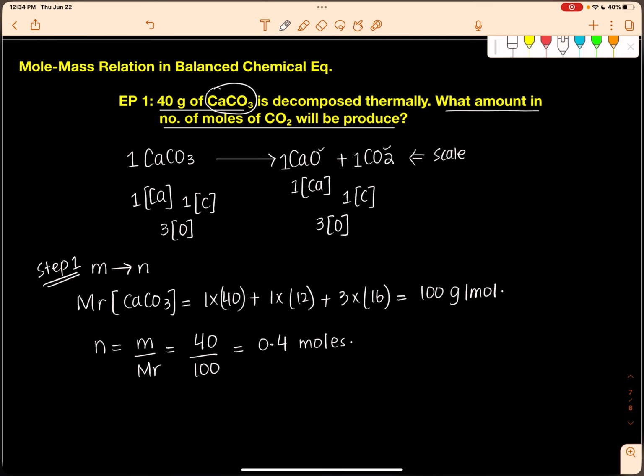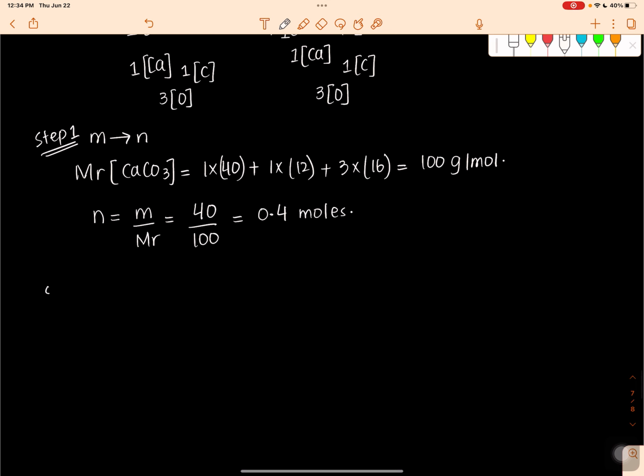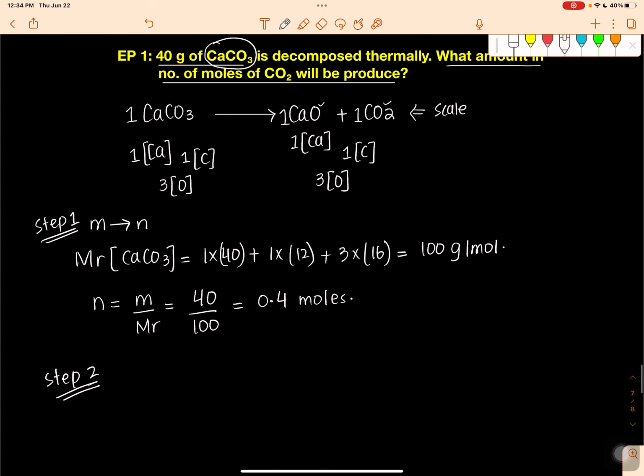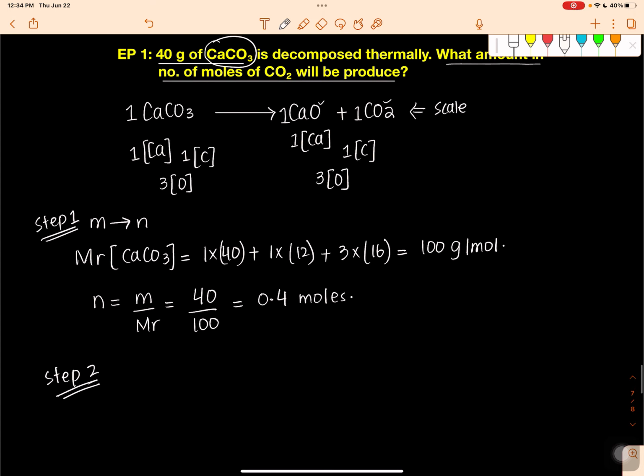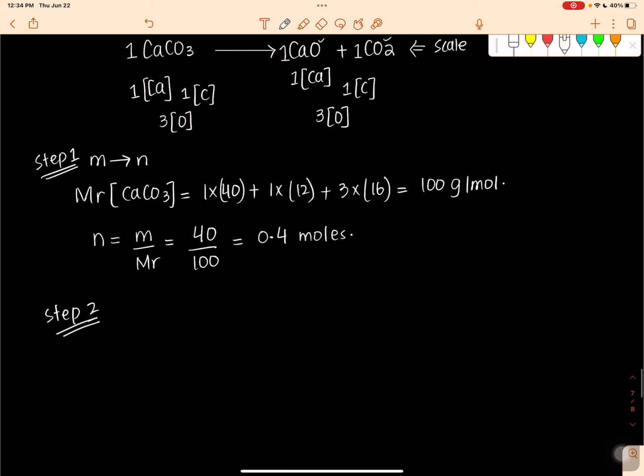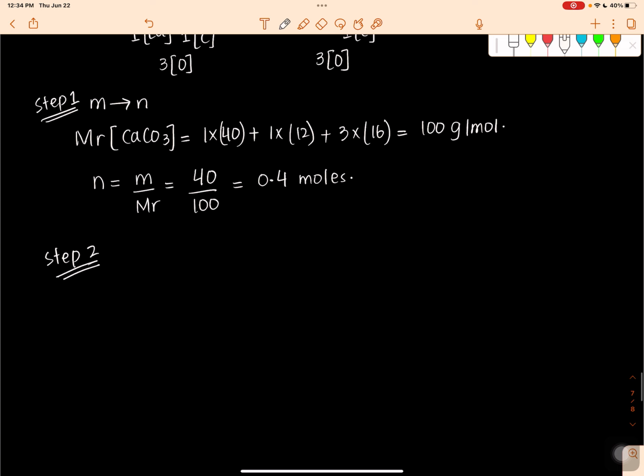Now we are going to do step 2, in which we will find out the relationship using the balanced chemical equation as a scale, to find out what amount in number of moles of carbon dioxide will be produced. We have calcium carbonate to carbon dioxide, so 1:1.